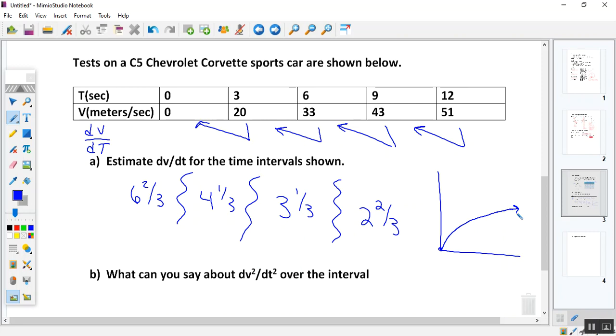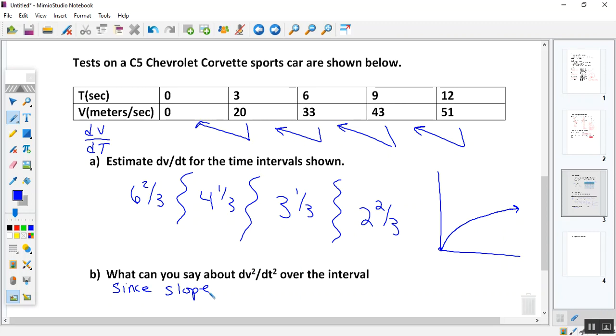So the question down here says, what can you say about the second derivative of this function over the interval? It's concave down, which means the second derivative everywhere would be positive or negative? Negative. Okay, since my slope values are all positive, but moving from left to right, what are they doing? Increasing or decreasing?